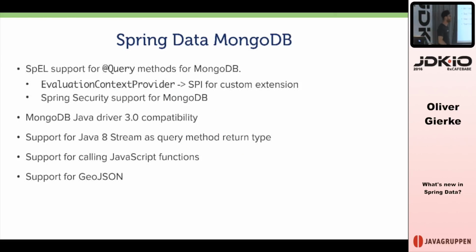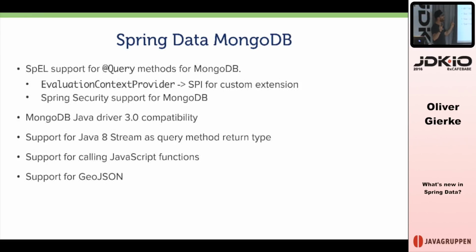So for MongoDB, let's go over a couple of store specifics quickly before I come to the gem I have saved for the end. There has been Spring Security integration for JPA for quite a while, which means there's an EvaluationContextProvider interface where you can hook arbitrary functions into your manually defined queries.